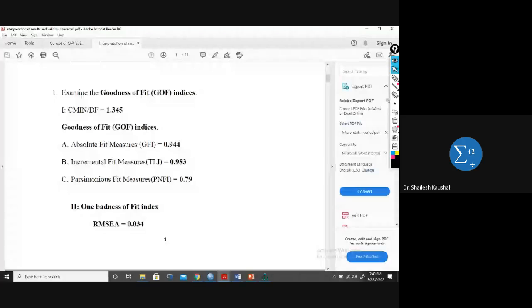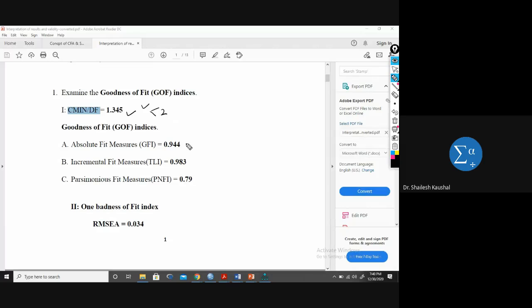One is the chi-square by degrees of freedom. It should be less than 2. Okay, the first is, so I am taking the model. In my model, the value of this is less than 2, so it should be less than 2.